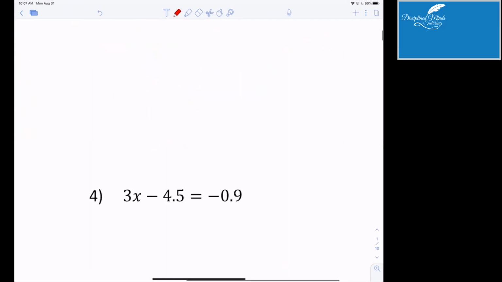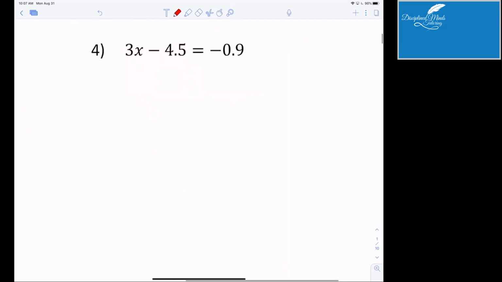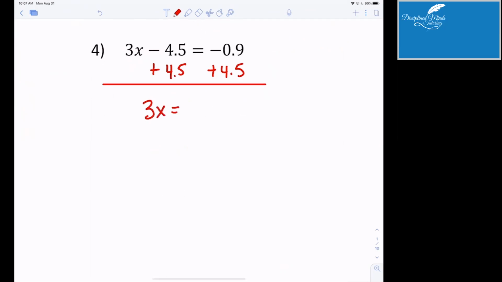So here we go. Next. Not too bad here. Going to decimal, try to mess you up a little bit. Adding 4.5. So 3x is equal to, it looks to me like 3.6.